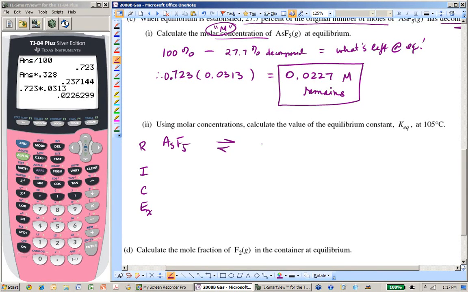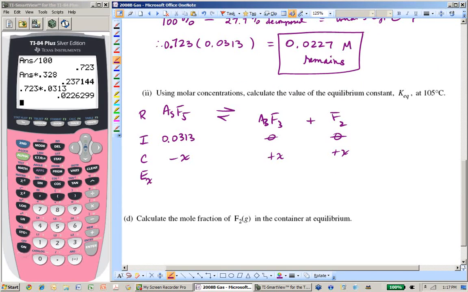AsF5 in equilibrium with AsF3 and F2. Initially, this was 0.0313. They made us calculate that way, way, way back up in Part A. I think it was Part A. Some of that's going to be gone. This is all one-to-one stoichiometry, so for every x I lose, I make one each of the products.